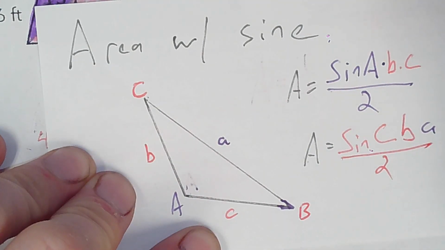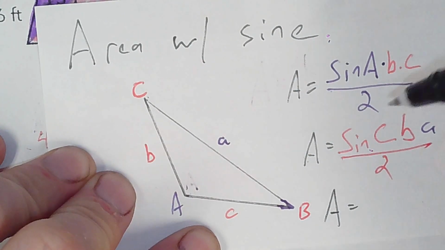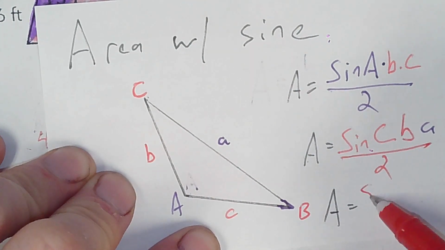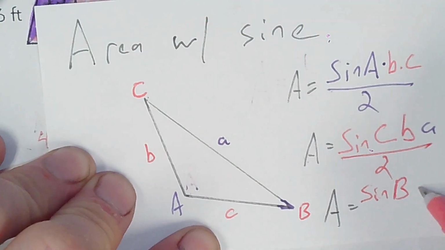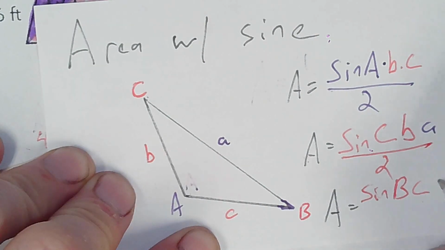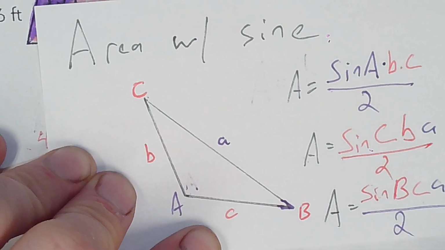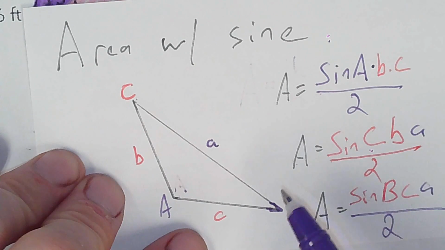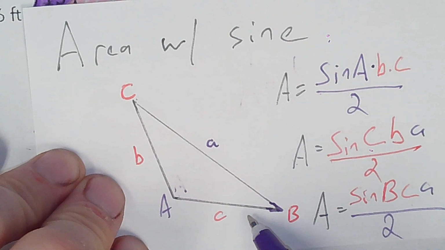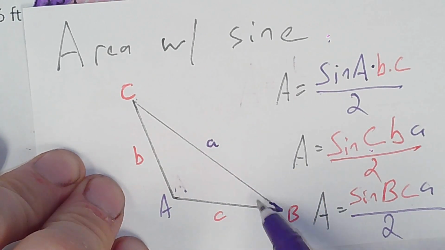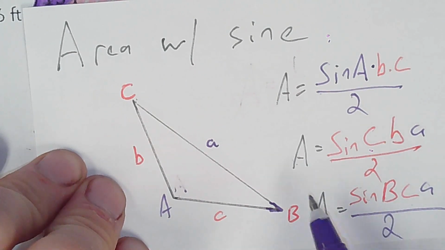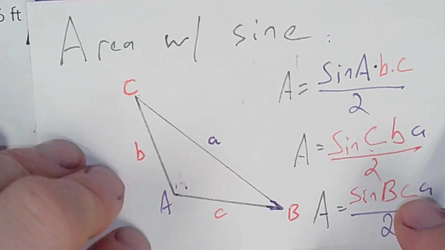And then the area equals the sine of B, and then you guessed it, C and A, divided by 2. So it has to be the sine of the angle times the two lengths sandwiching that angle, surrounding that angle, in order to figure out the area.